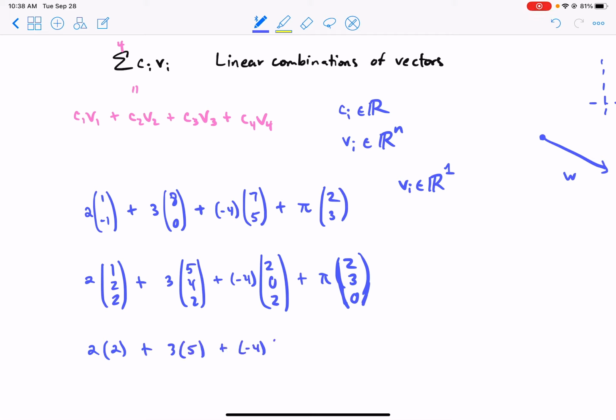Maybe this one has a negative 1 plus pi times maybe this one has a 17. And so now we're just multiplying numbers and adding them, a multiplication, adding a multiplication, adding a multiplication of numbers. And there's really no difference whether we think about this number as a number or as a vector, because R^1 is the same as R.